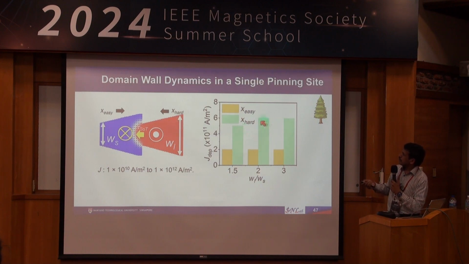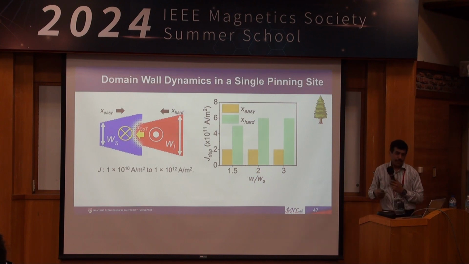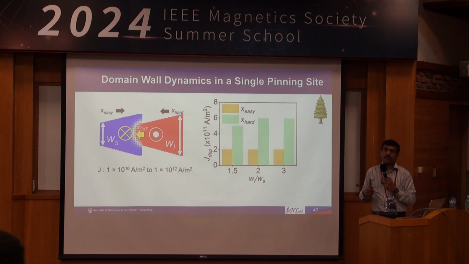If you want to move the domain wall from the hard to the easy direction, you need more and more current as the length of this segment becomes larger. So we call this a domain wall diode.